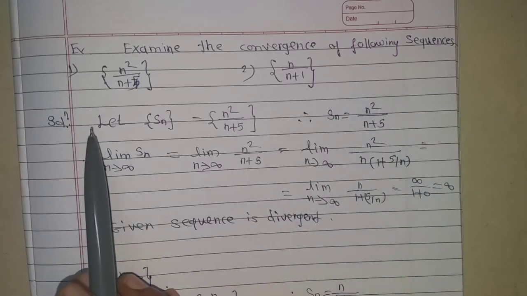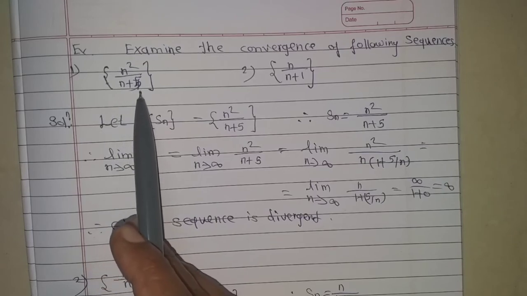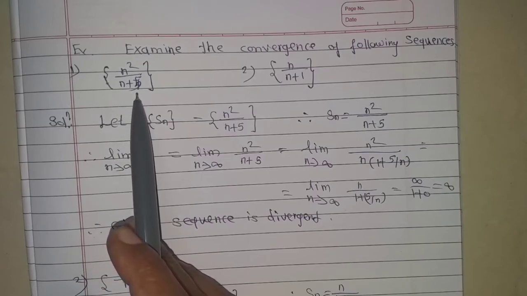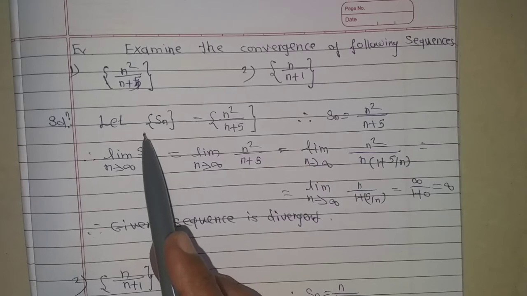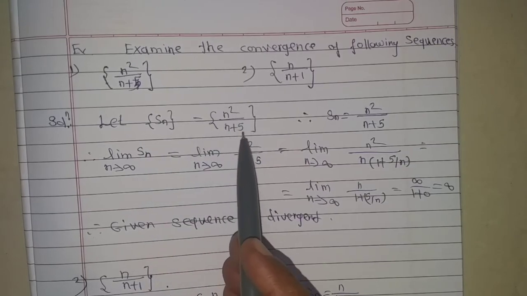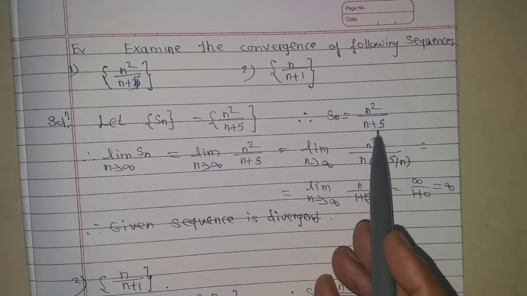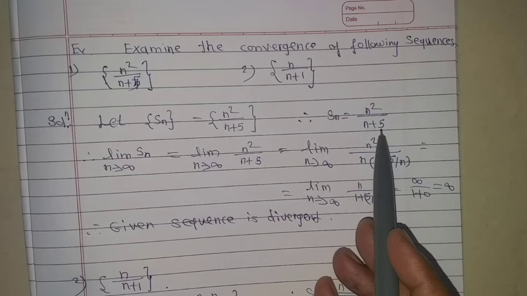Consider the first example: sequence n square upon n plus 5. We have to find the convergence of this sequence. Let sequence Sn equal to sequence n square upon n plus 5. Hence, we denote Sn equal to n square upon n plus 5.